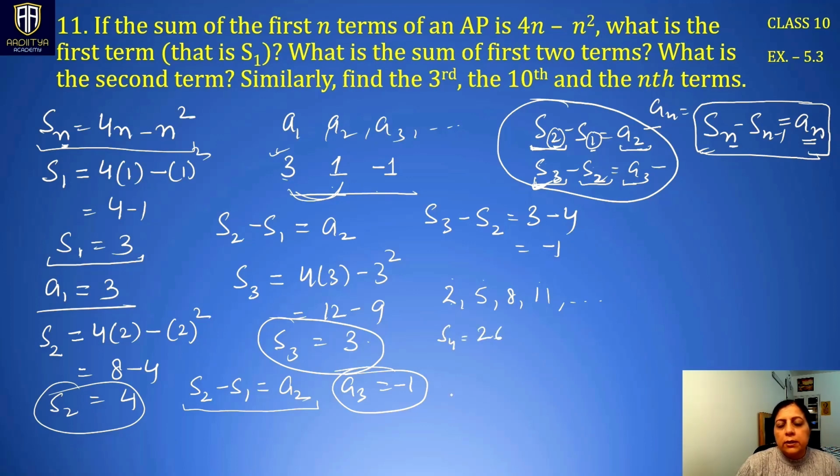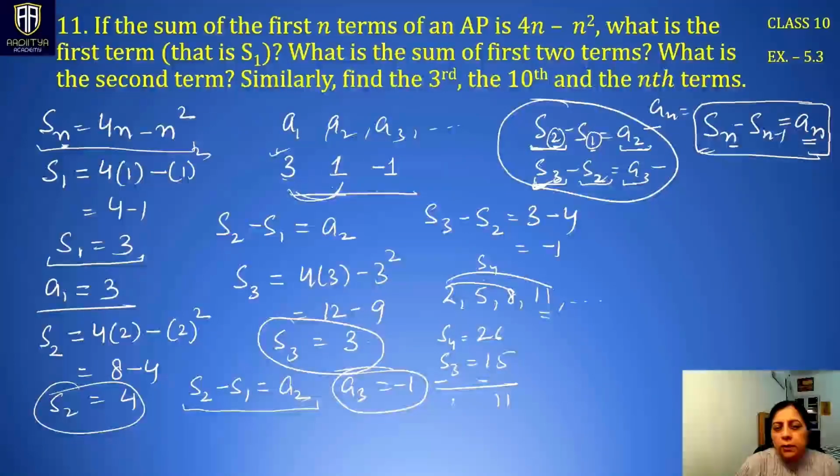S4 is 26. If I take S3, what is that? 2 plus 5 is 7, 7 plus 8 is 15. So S3 becomes 15. What is the difference of these two sums? S4 minus S3 is 11.